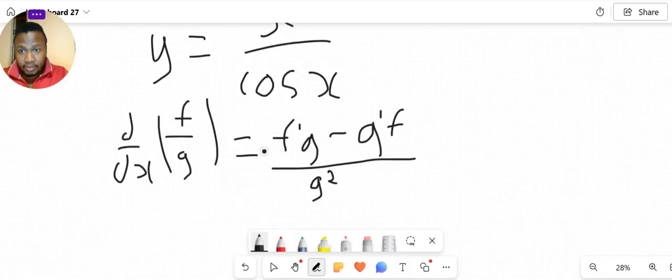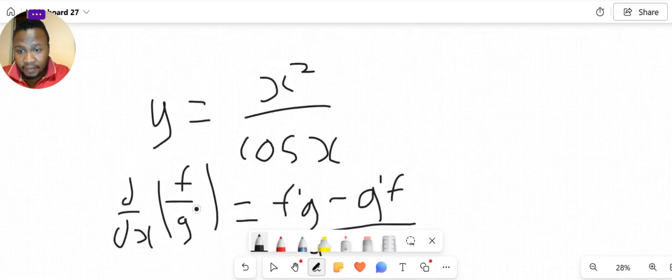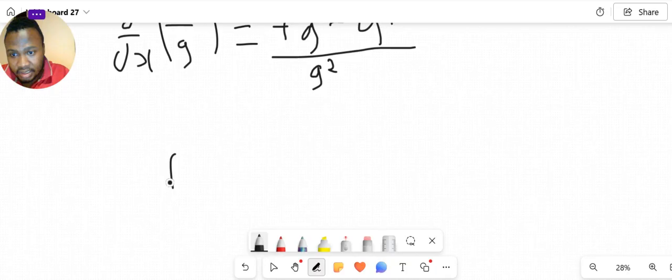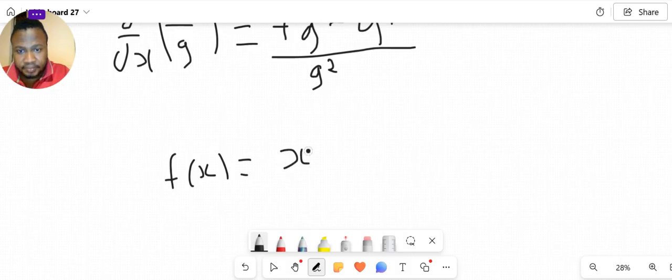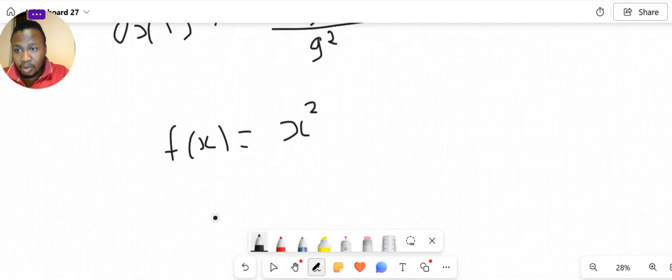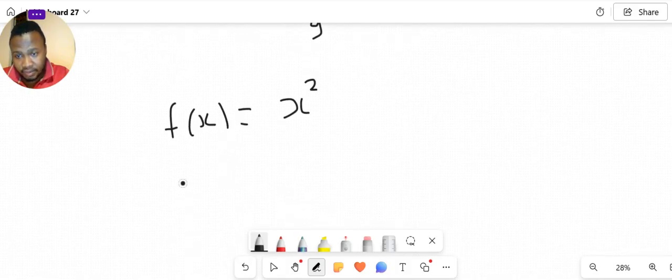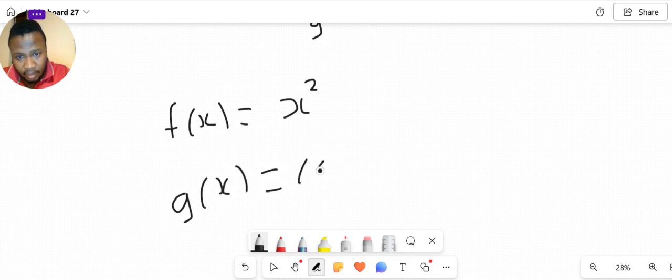Okay, so let's identify our f and then our g. F of x is x squared. Just take the numerator of the function. And then our g of x will be what was left, the denominator, which is cos x.